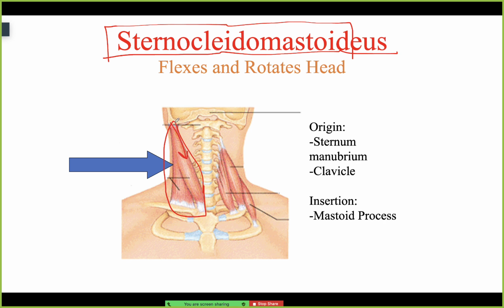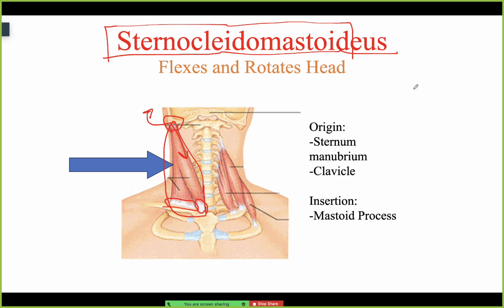And it's also able to rotate your head in both directions. The origin of this muscle is going to be the sternum, which is right over here at the manubrium, and your clavicle. Remember, origin is the immovable bone. The insertion is the mastoid process, which is up there.